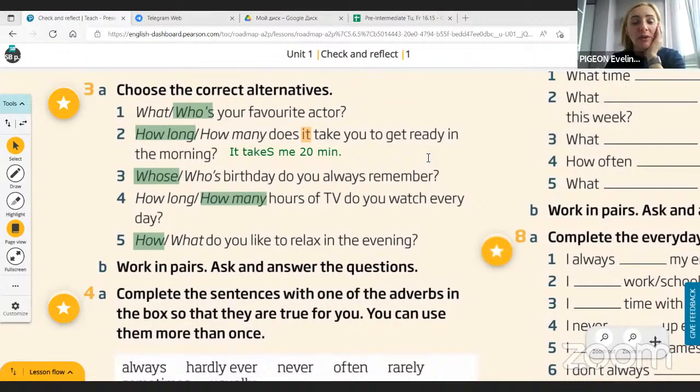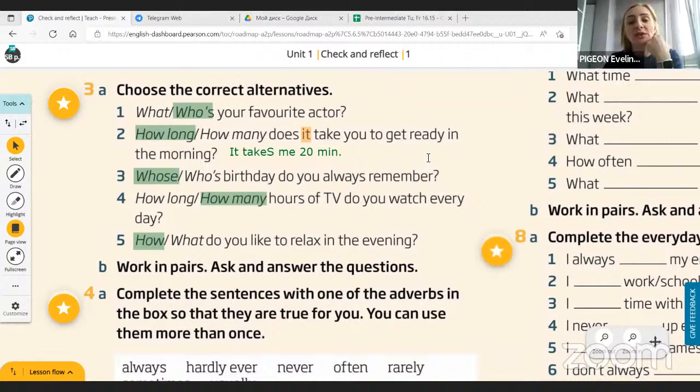And what about you? I remember, of course, always I remember birthday of my family. Perfect, great. Let us now ask number 4.